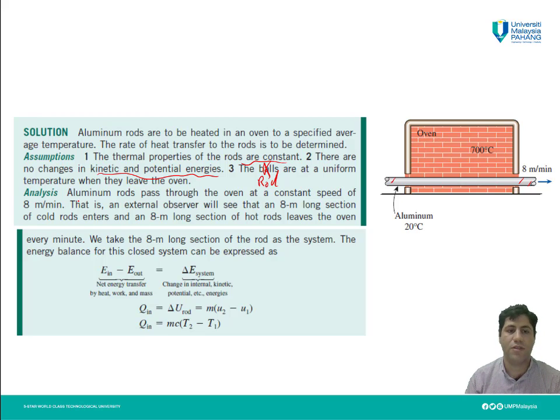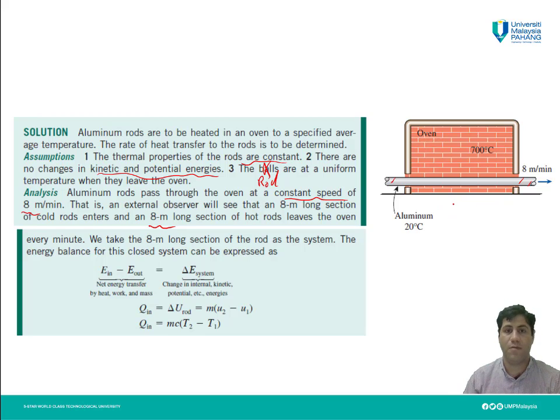This is our assumption. Then this aluminum rod is moving with a constant speed of 8 meter per minute. We can imagine that we have an 8-meter long rod inside the oven as a stationary, fixed rod in the oven.